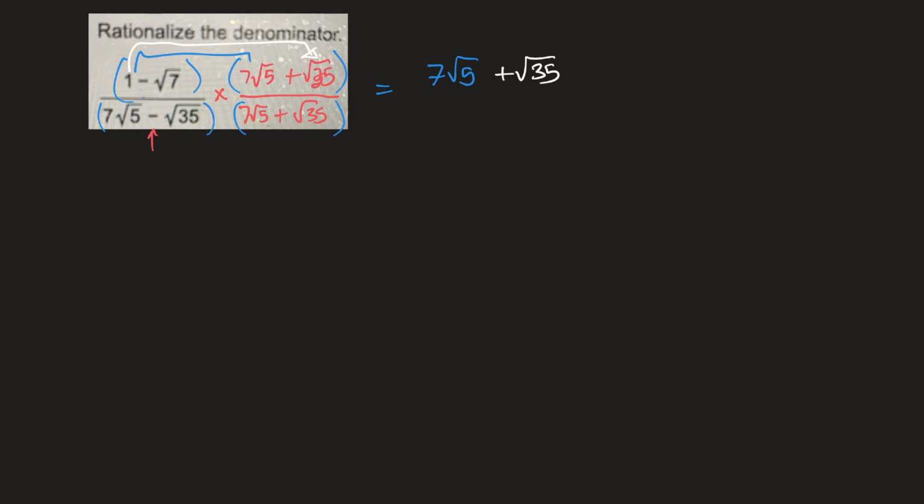And then negative root 7 times the positive 7 root 5 would be a negative 7 root 35. And then the last one, that one times that one, negative, so it'll be negative, whatever 35 times 7 is. 35 times 7 is 245. So it'd be root 245.